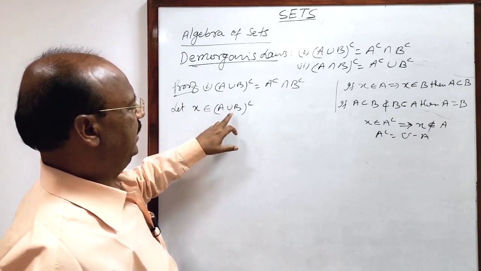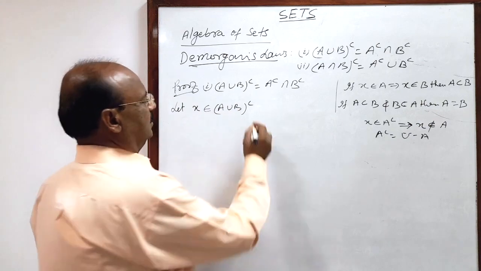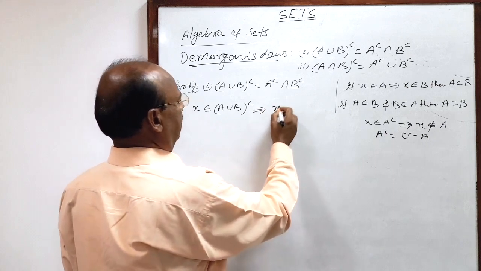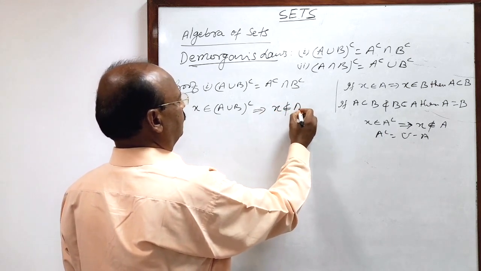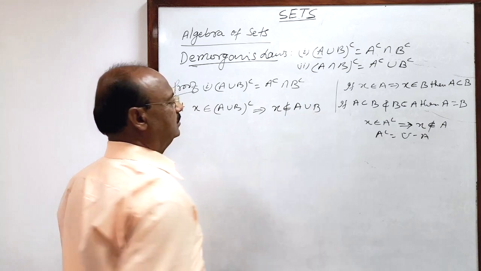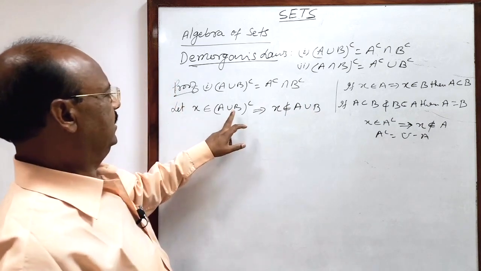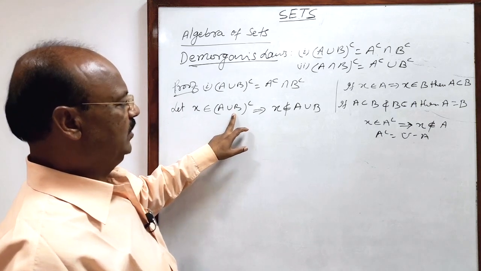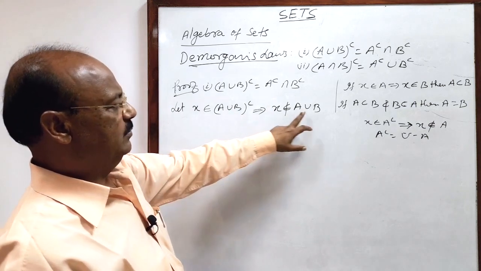So you see, we are assuming that X is any arbitrary element belonging to the left hand side, (A union B) whole complement. What does it imply? It implies that X does not belong to A union B, because if any element is present in the complement of a set, it means X will not be present in that particular set.